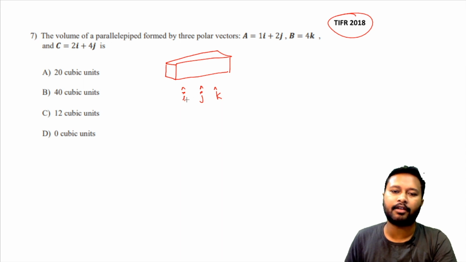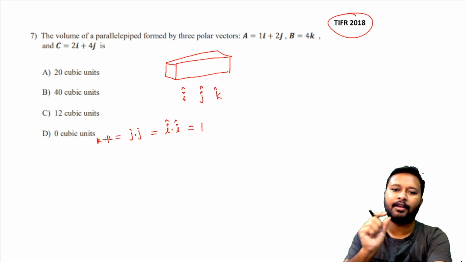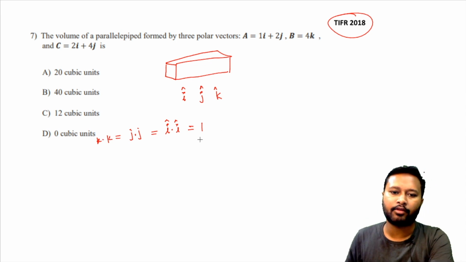So these are different unit vectors along the three axes. Some basic ideas: i dot i, that means if you do the dot product of the same unit vector with itself, you will get 1. Same if you do j dot j, and same you will get if you do k dot k. So if you multiply the same unit vector with itself, you are going to get 1.